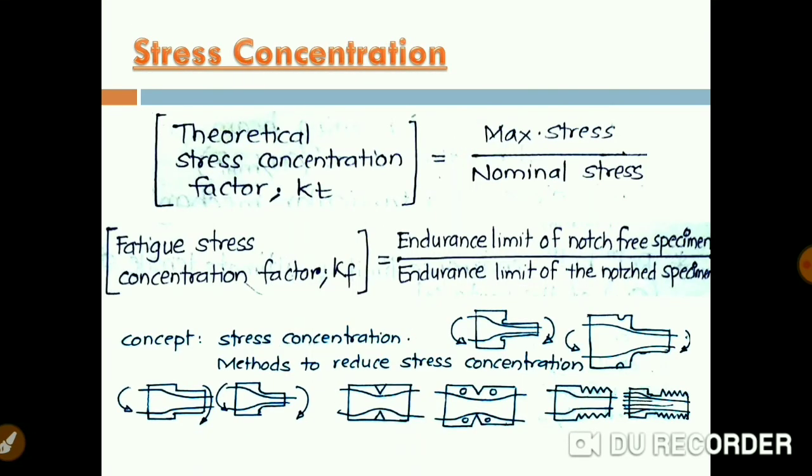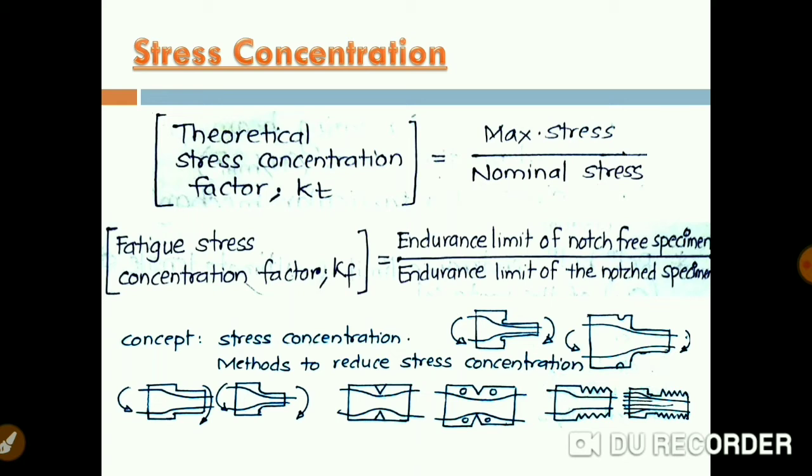So you can find the theoretical stress concentration factor, or geometrical stress concentration factor, also known as form stress concentration factor, denoted by Kt. So what is the theoretical stress concentration factor?